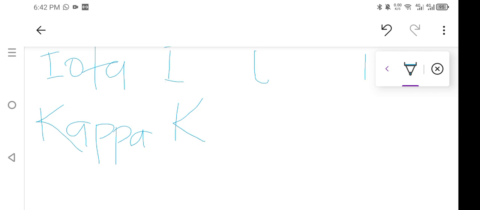So just think of writing a capital K as you'd write in the English letter, and the small letter, the lowercase, is just slightly smaller, like that. And of course, kappa is equivalent to the English K.